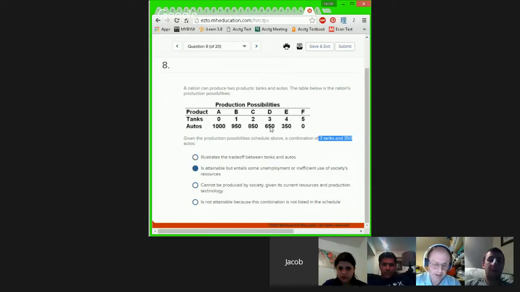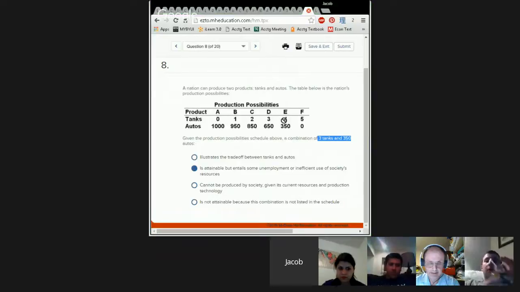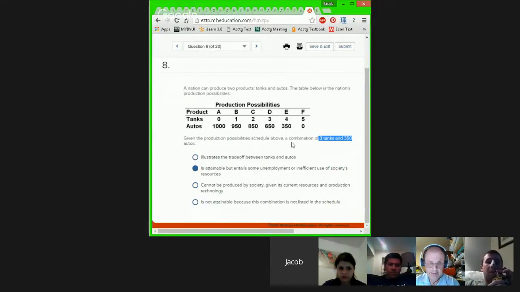I see where you're going with the step way, and that makes sense because each new tank that you're making costs an increasingly smaller amount of autos. But they're not proportional. That's the problem. If we're only doing 350 autos, we could also do 4 tanks. Yeah. But we're not.